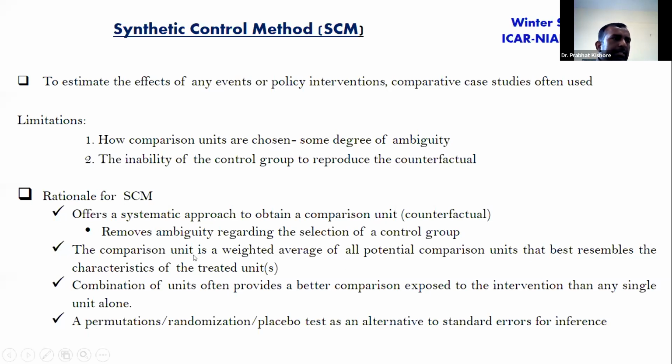So the comparison is a weighted average of all the potential units. Instead of taking one unit and comparing it, it's better to have many units and give weights based on similar characteristics which resemble the Punjab. You will be convinced that this is the better one.